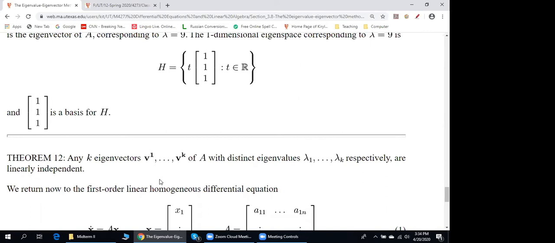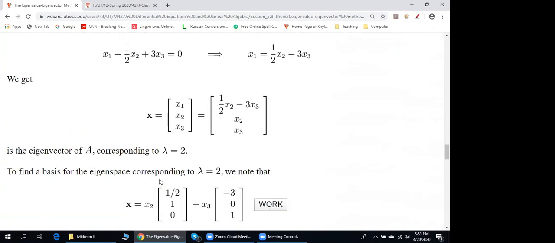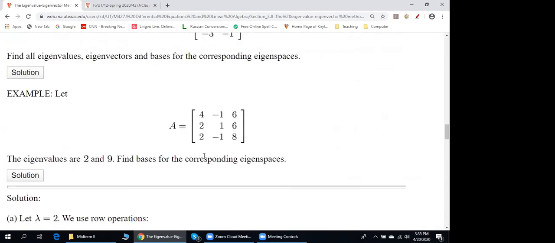Theorem 12 says that these eigenvectors will be linearly independent. Any questions about theorem 12? Wait, how do you define a distinct eigenvalue? Distinct means not equal. Let us go back to this matrix. One can show that the corresponding characteristic polynomial has 3 roots: 2, 2, and 9.